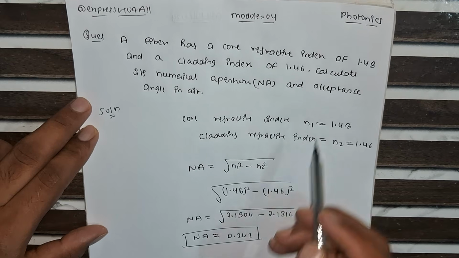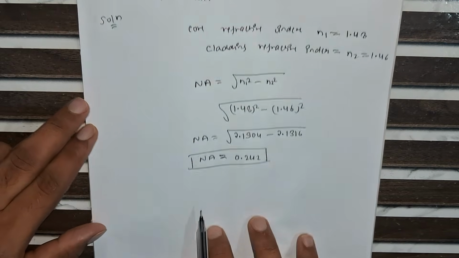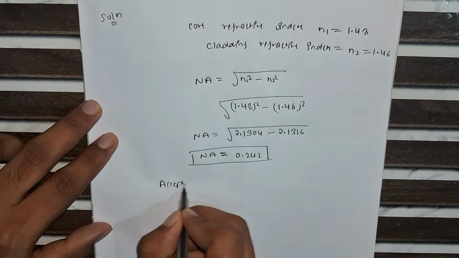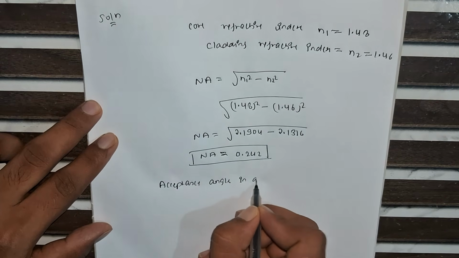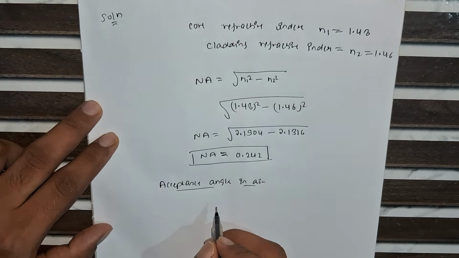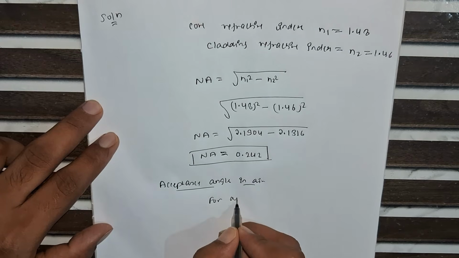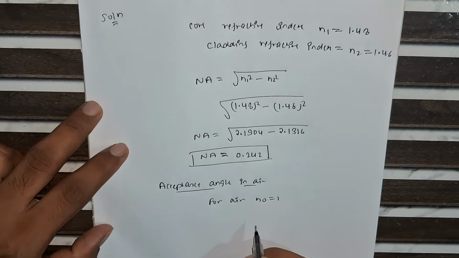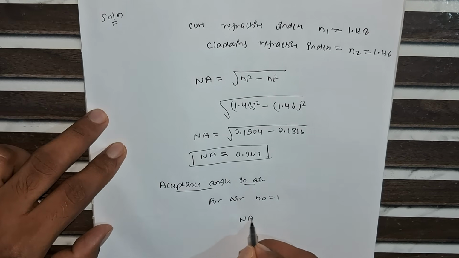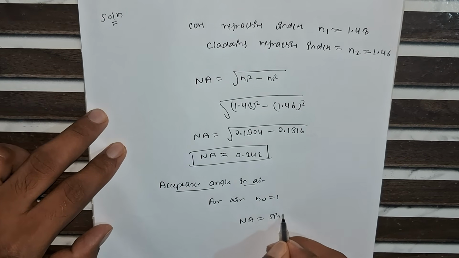Now in the next part we have to find the acceptance angle in air. Generally we consider n0 equals 1 for air, but in this case we have to calculate it manually. So the formula is NA equals sin theta a.